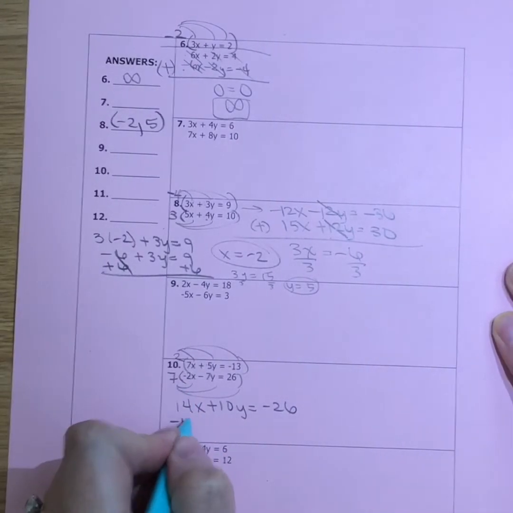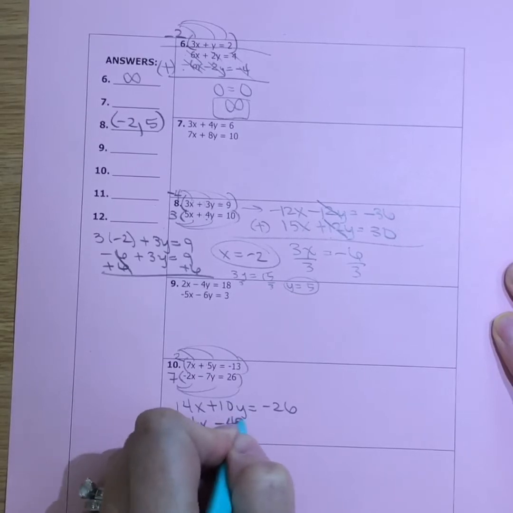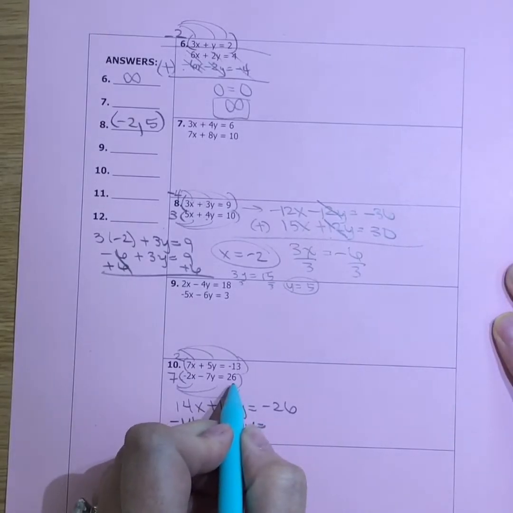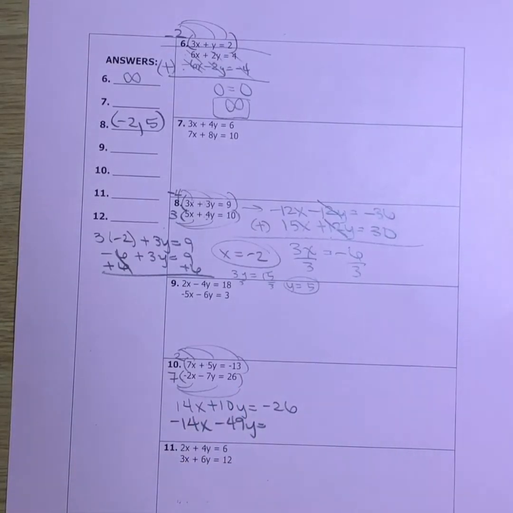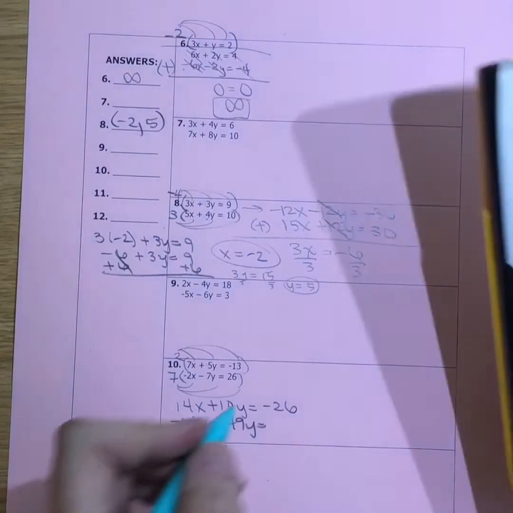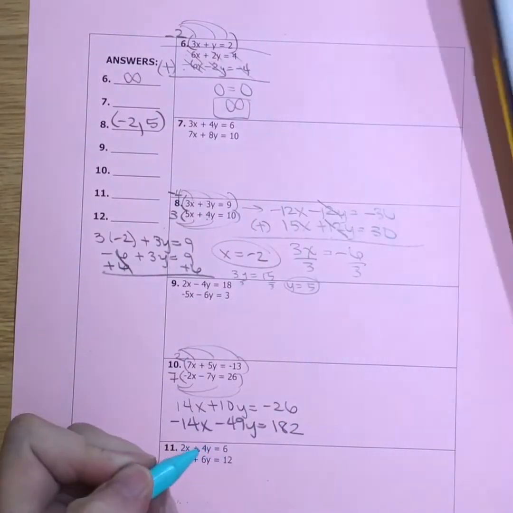And then we get negative 14x minus 49y equals, well, 7 times 26 is, let me get my calculator. It's 182.